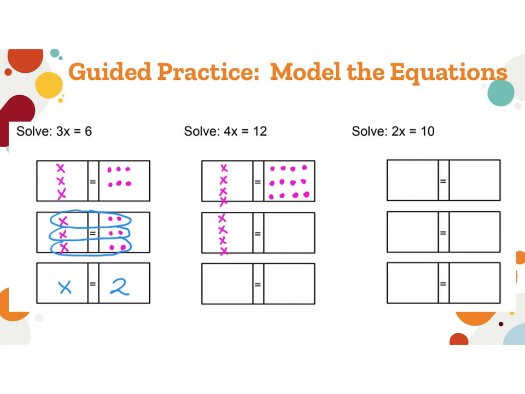But this time on the right, I am going to put my 12 dots in 4 equal groups. Next, we can circle those groups. And we find that there are 3 dots for every x. So x equals 3.